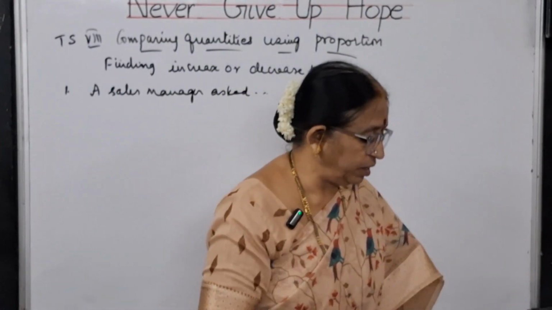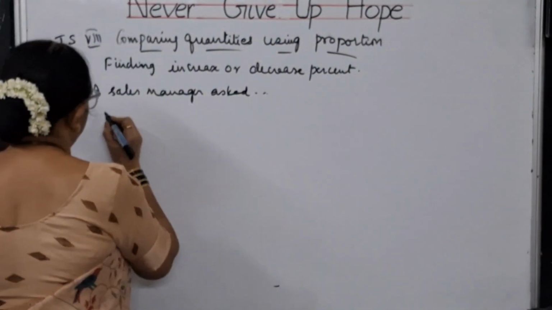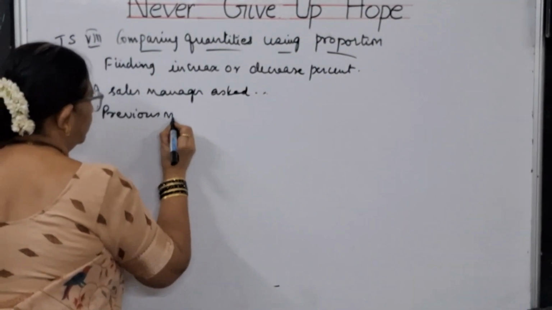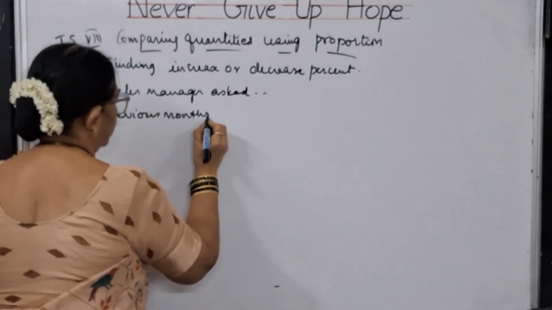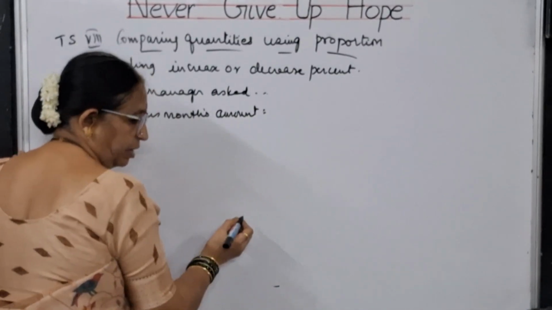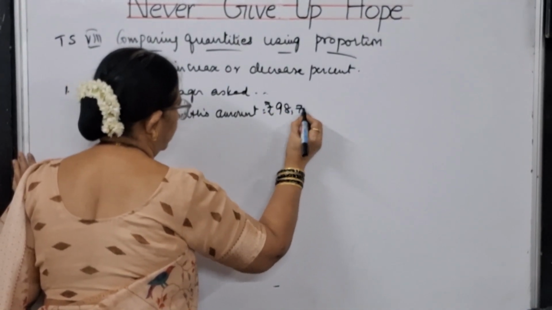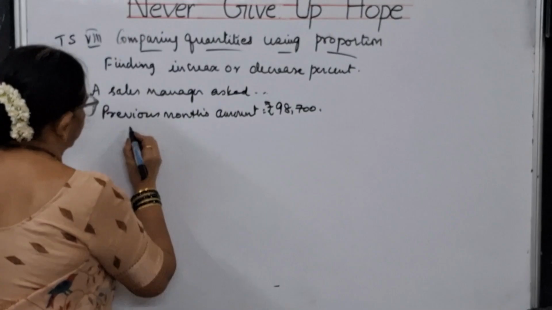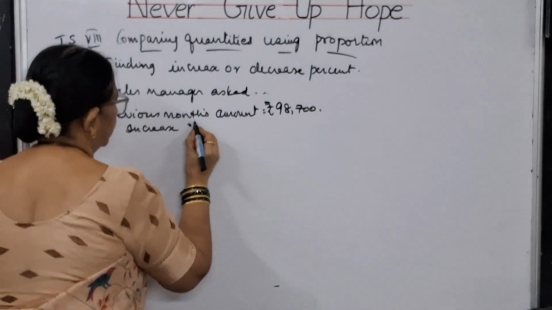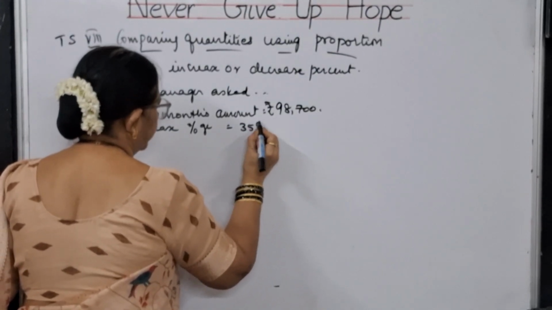So the question is the amount, the previous month's amount. Previous month's amount is given as 98,700. The percentage increase is 35%.